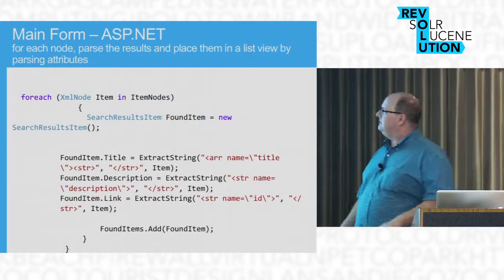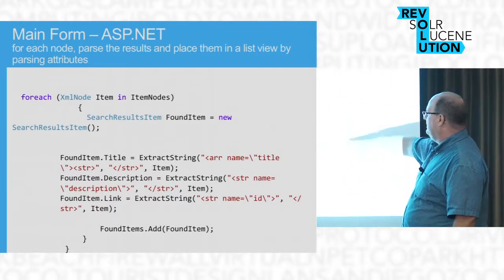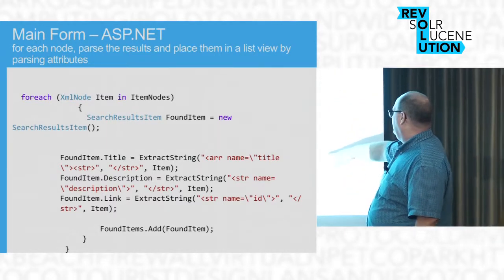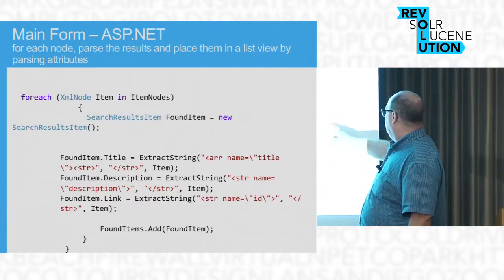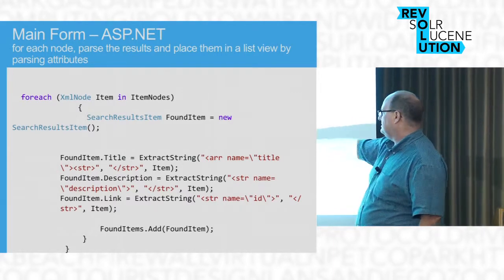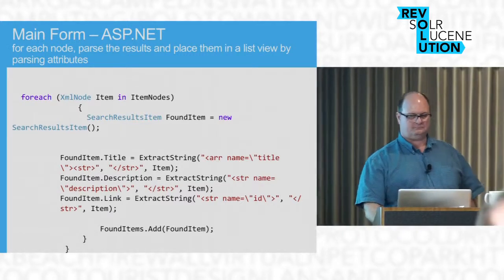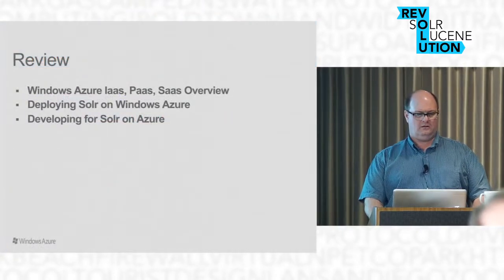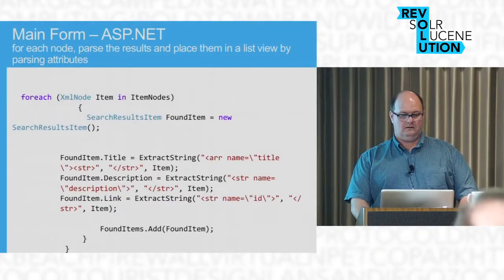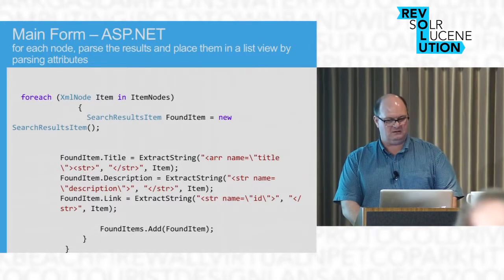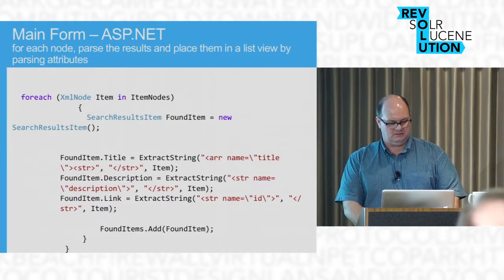And we just do a for each on each one of the nodes. We go through and parse out the title, the description, and the ID from each result. Okay, so that's basically the code that I had to show you.